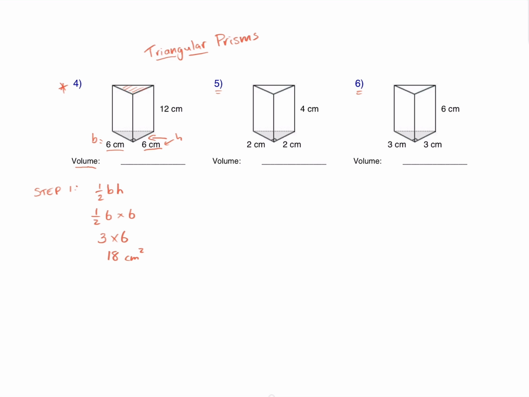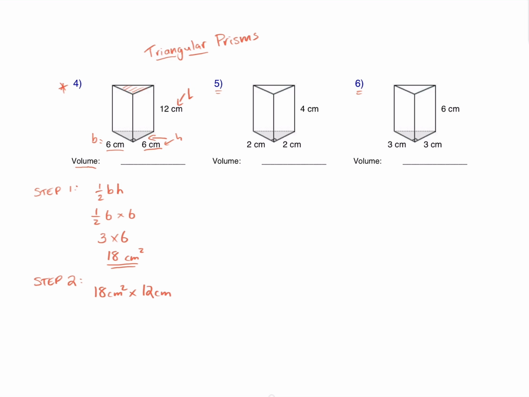For step 2, once we have the area, we multiply the area by the height or the length. Let's call this the length, L for length, of the prism, which is 12.